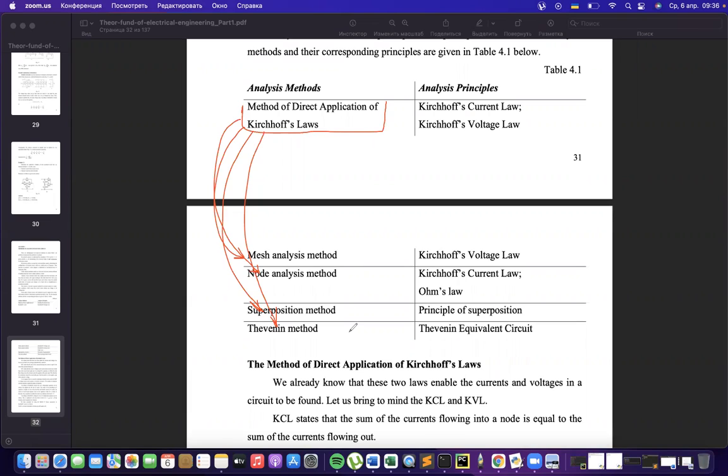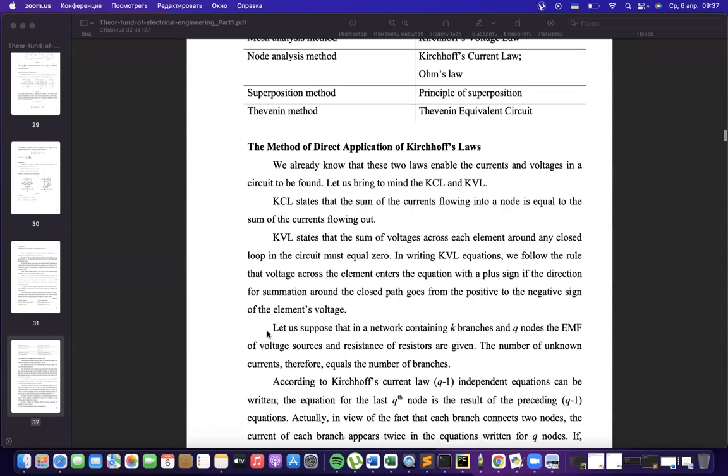Other methods could be a little harder to understand, but all other methods will give you a smaller number of equations than the first one. That is why generally in engineering practice, we use other methods as represented here.